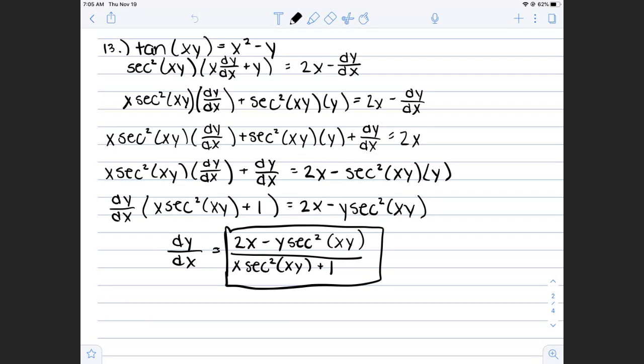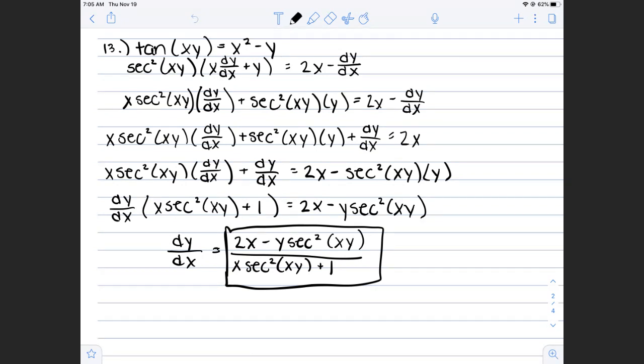And then after that, in order to get dy dx onto one side, I added dy dx from the right side so that it would be on the left. Next, I subtracted secant squared of x times y onto the right side in order for dy dx to just be on the left side. So since all components of the equation with dy dx are on the left side, I factored out dy dx.